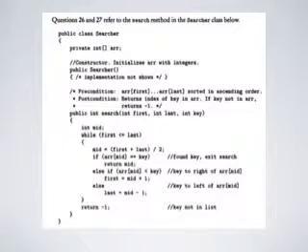Public int search with 3 parameters: int first, int last, and int key. If you read the code carefully, it's actually binary search. It begins with an integer mid, which is the index of the middle element of this array.